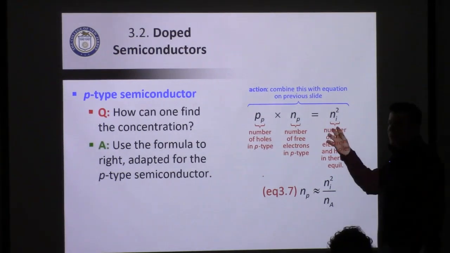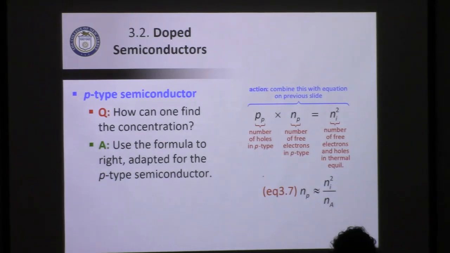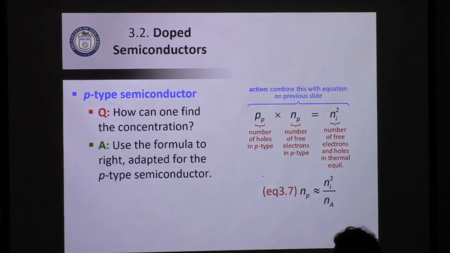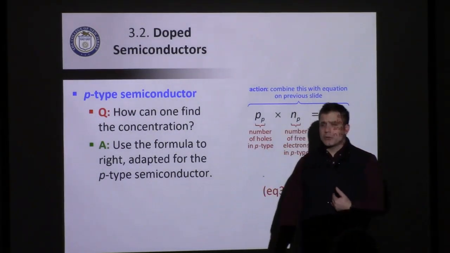So how do we use this equation? Ni, we have an equation for that. Right? It's B T to the 3/2 k times whatever else. The number or the concentration of majority charge carriers is going to be determined by the concentration of the doping agent, so we control that.